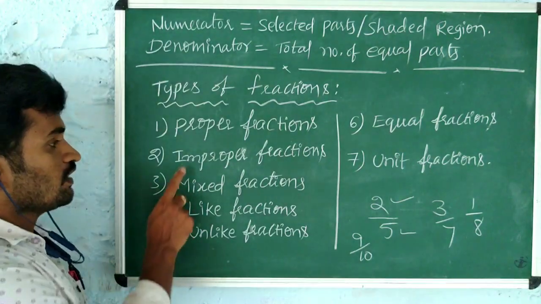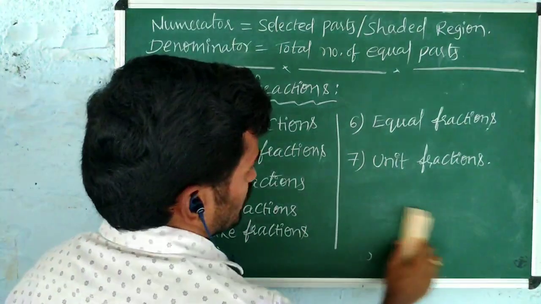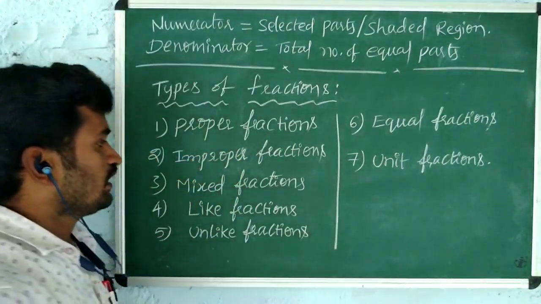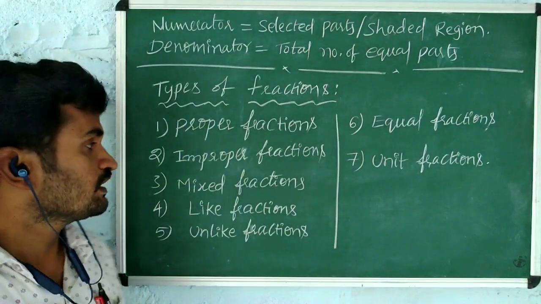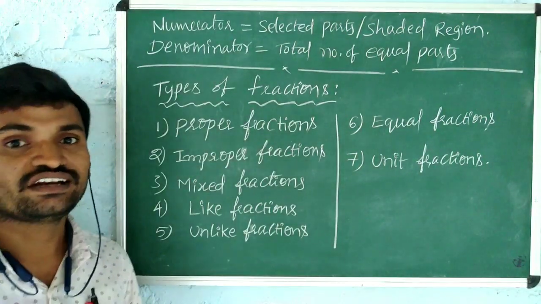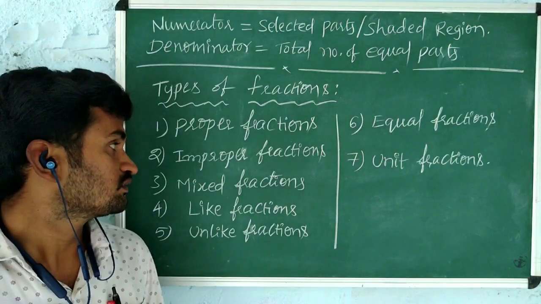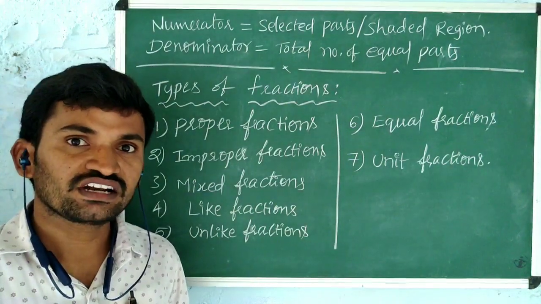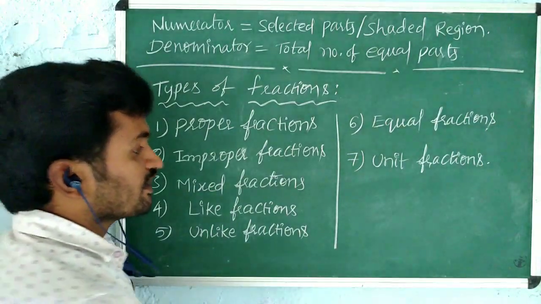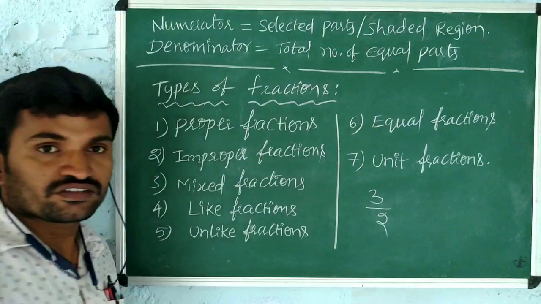Okay, next improper fractions. What are the examples for improper fraction and what is the definition? In improper fraction, numerator is greater than the denominator. It means what? 3 by 2.